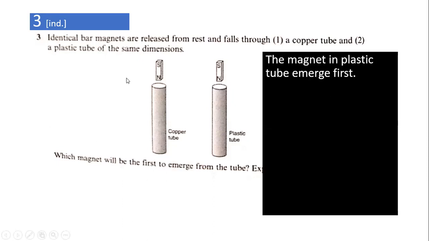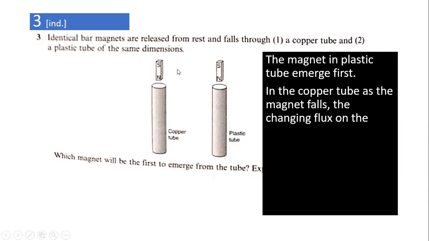Why? Because as the magnet moves in, the flux across the copper tube is going to change. Then it's going to produce a back EMF to oppose the motion. Right?